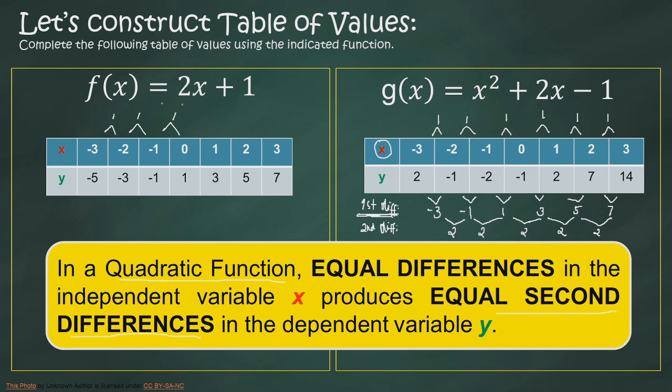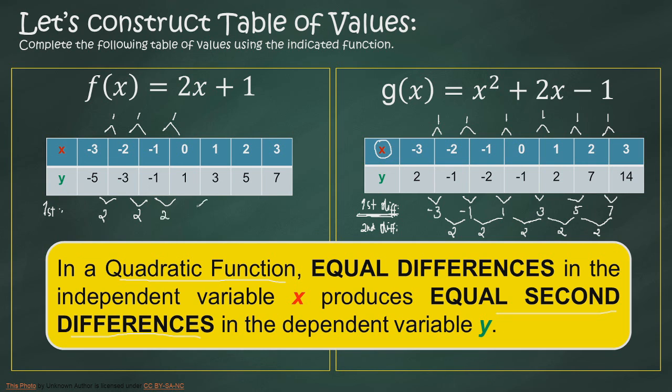Now, unlike a linear function, wherein sa first difference pa lang, makakakuha na tayo agad ng equal difference. So we have negative 3 minus negative 5, that will be positive 2. Negative 1 minus negative 3, still positive 2.